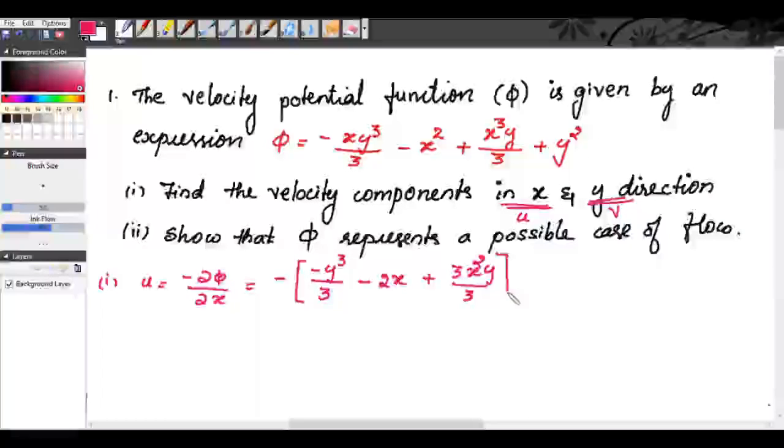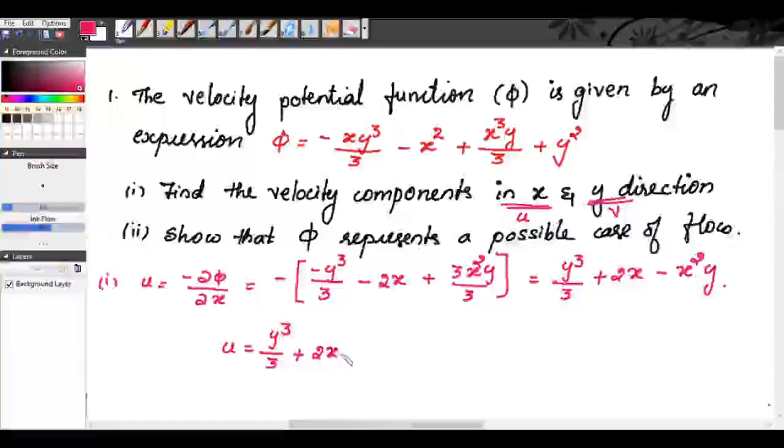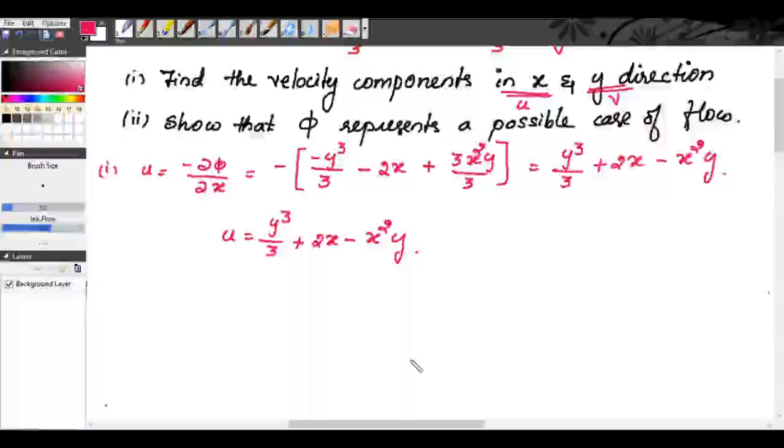Here we don't have an x term, so that will be equal to 0. So we get y cube by 3 plus 2x minus x square y. So this is our answer. u is equal to y cube by 3 plus 2x minus x square y. So this is our velocity component in x direction.